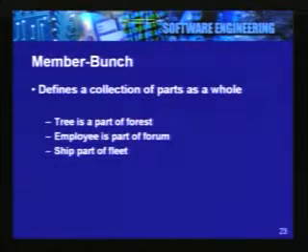Then you have member bunch relation, where it defines a collection of parts as a whole. Tree is a part of forest, employee is a part of a forum, ship is part of a fleet, or a person is part of an organization, or is a member of a given club. So, member of relation is a different relation, and there is a slightly different member partner relation where the members are related to each other, you cannot take out the members.